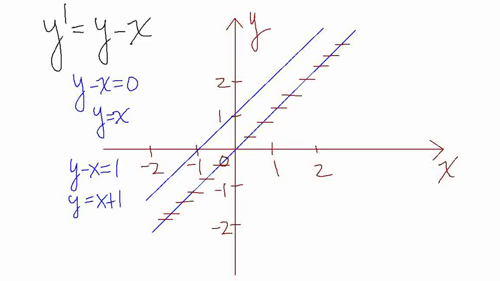All right, and so all points along that line correspond to a slope of 1. So actually the blue line has a slope of 1. So I'll draw little red dashes along that line.